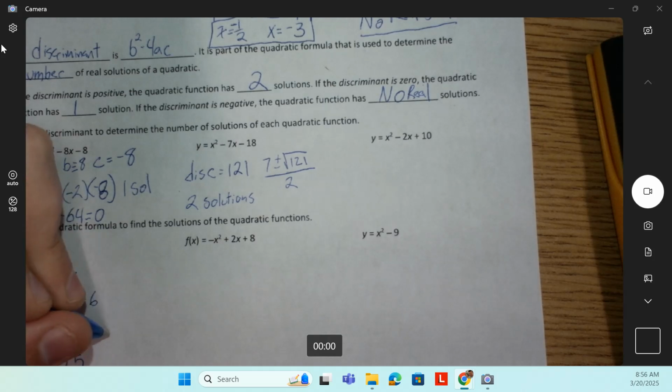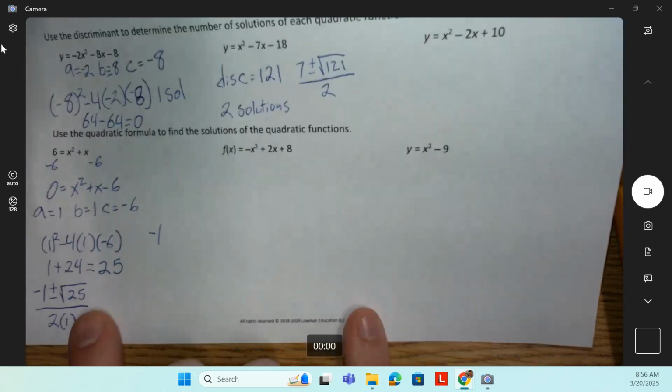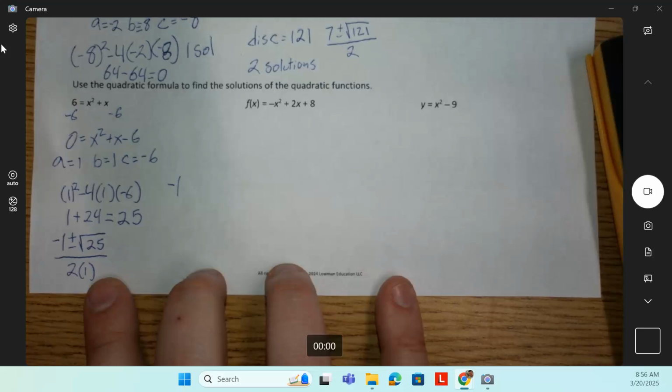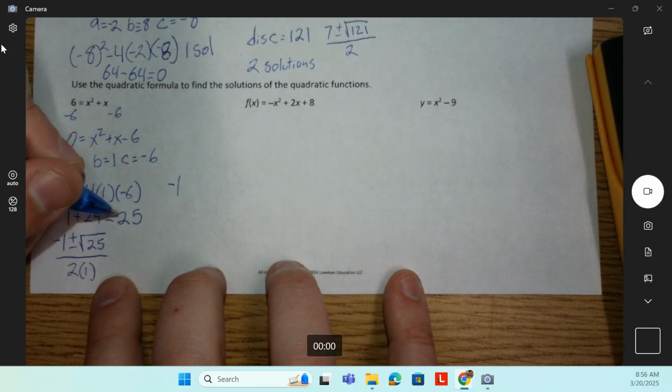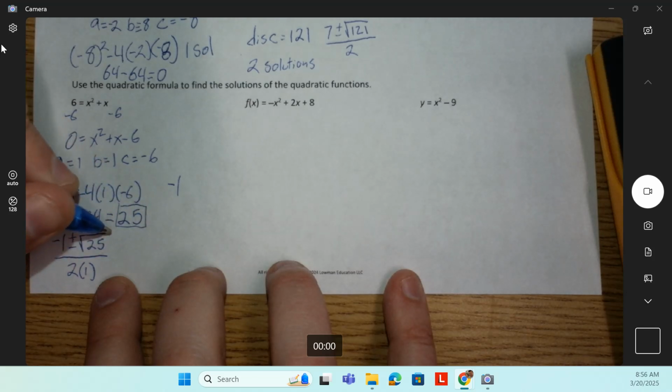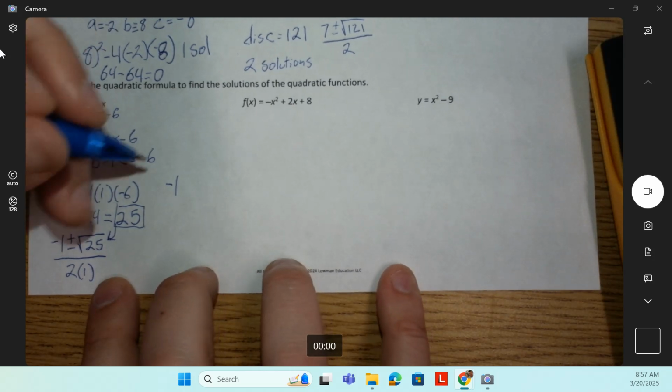And so I would have -1, and the square root of 25 would be 5. So I just worked out the discriminant first and then used that to plug the number in there. So it's really doing the same thing as the full quadratic formula, just working it out in two separate pieces.